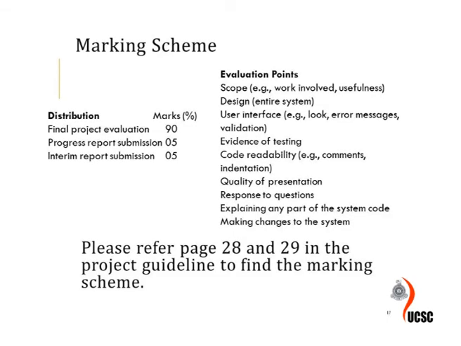So while you start working on the dissertation, it is also very important to keep in mind the overall marking scheme for the final year project. As you can see here, 90% of the marks come through the final project evaluation that we do. However, there are 10 marks that you can easily obtain by completing the progress reports as well as submitting the interim report.